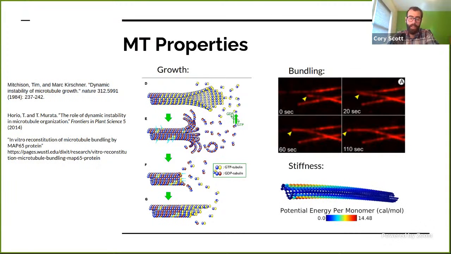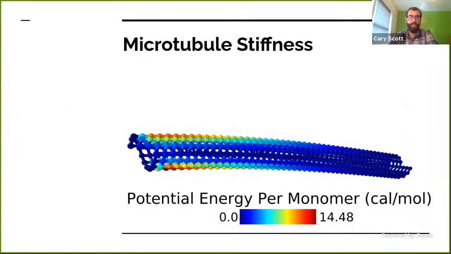Finally, the property that I'm going to be talking the most about today is their stiffness. Because they're this nanotube structure, microtubules are very stiff to any kind of bending motion. To get into that a little more, this is a close-up view of the structure that I used in all of my simulations, and I'll explain more about that in a moment.